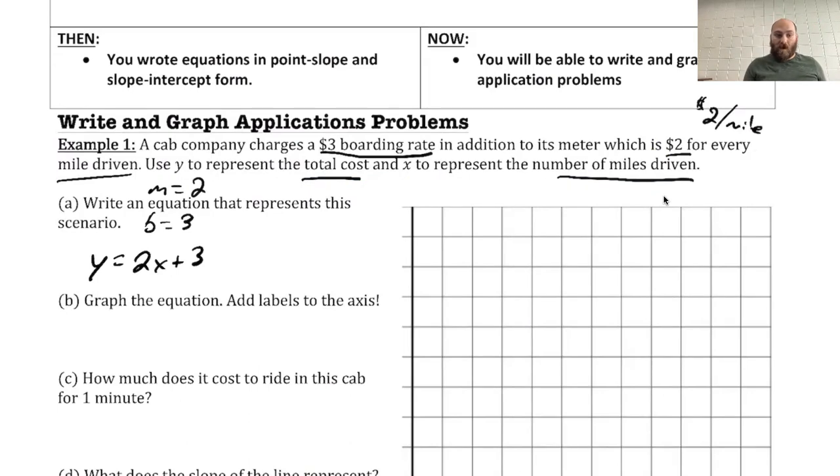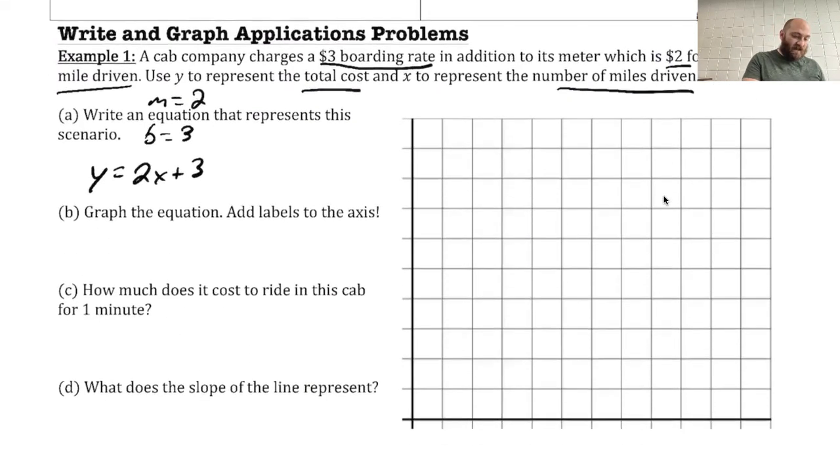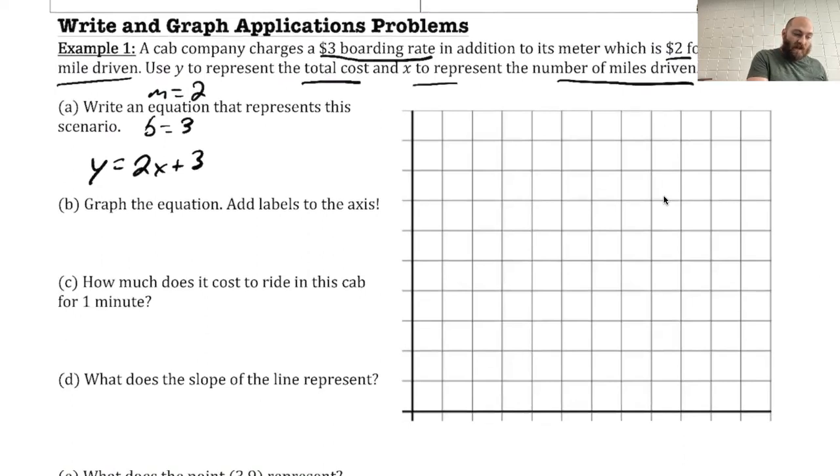Graph the equation. We'll add labels to the axes. We already know X is the number of miles, and Y is going to be the total cost in dollars. So I've labeled my axes. We're going to graph it. We've got 0, 3.